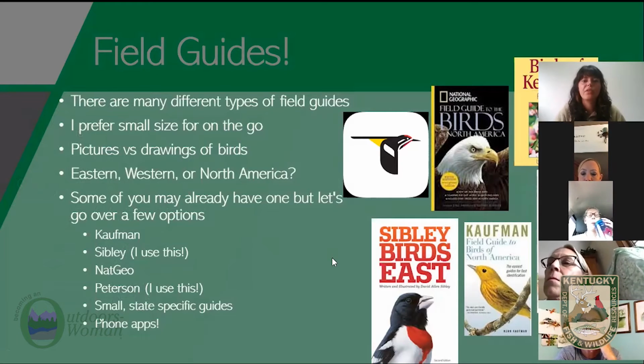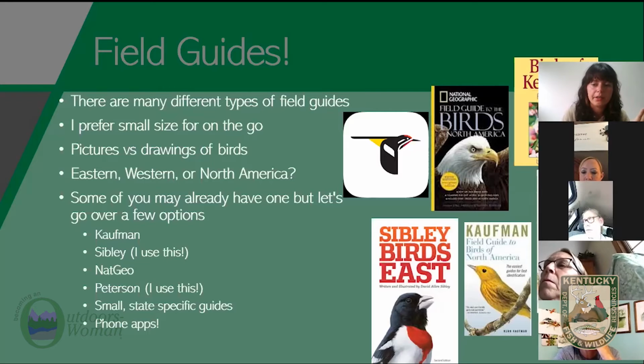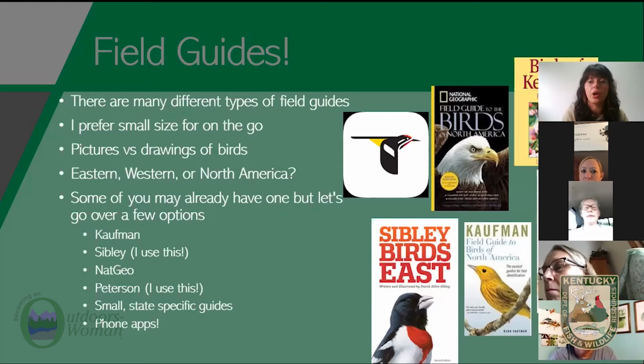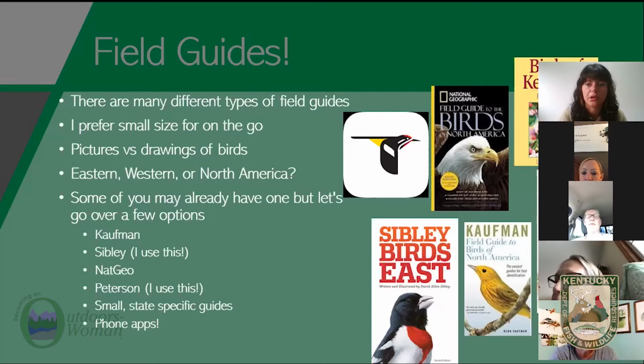One of the big differences in most field guides is how the birds look. Some field guides have drawings of birds, and then some have photos of birds. And there are benefits to both of those. But for my purposes, I really prefer the drawings of birds.